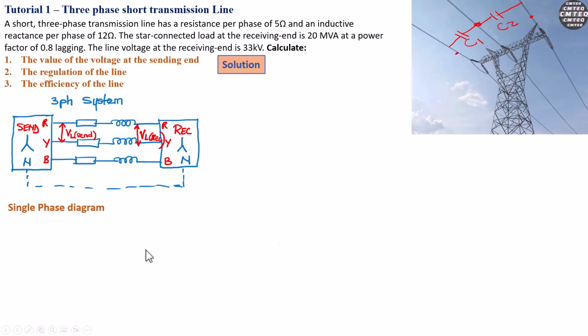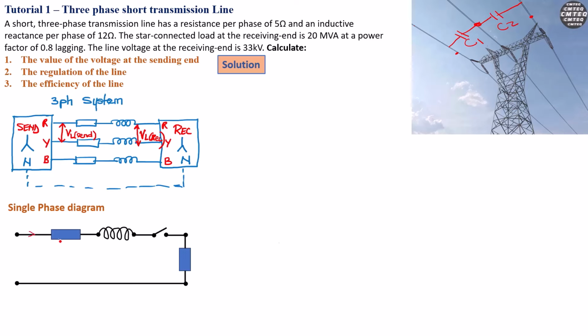To do that, we draw the single line diagram here, and we end up having a similar diagram to the one we were analyzing when we drew the phasor diagram for the short transmission line. According to the problem statement, this resistance value is 5 ohm, and this inductive reactance is j12 ohm per phase.